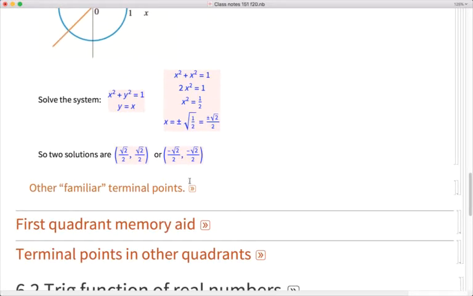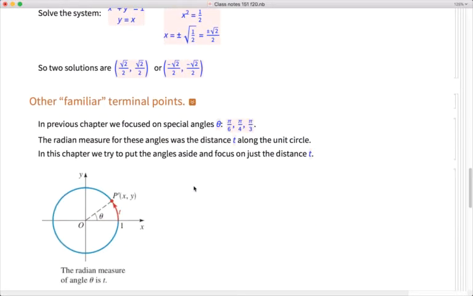So here are some other familiar terminal points. In the previous chapter, we focused on these special angles, and we typically use the symbol theta for an angle. So we looked at the pi over 6, pi over 4, and pi over 3 angles. And now we're going to look at the distances on the unit circle that are those numbers.